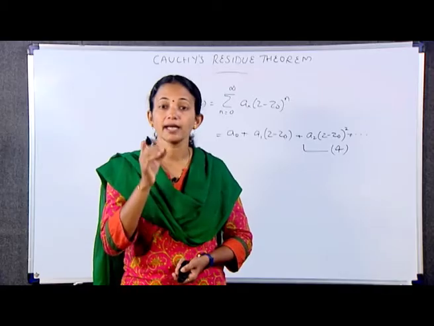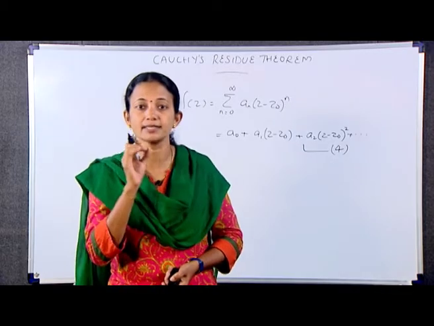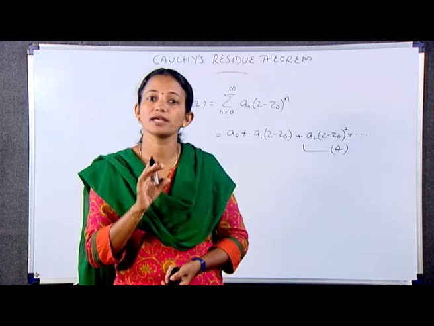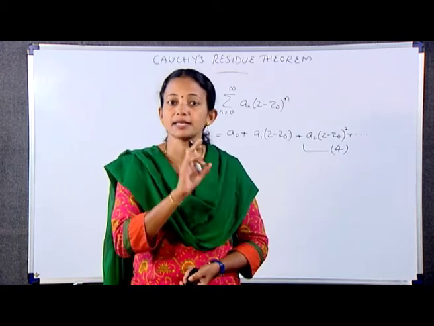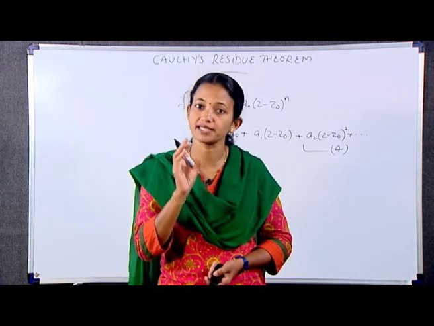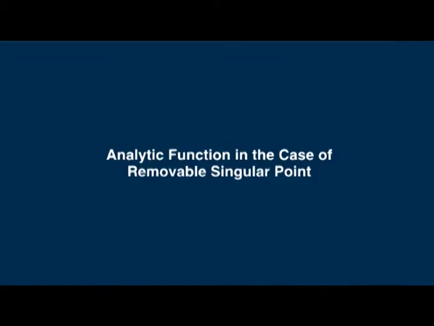Removable singularity in terms of limits. A removable singularity at z equal to z0 can also be defined as a singularity at which the limit as z tends to z0 of f(z) exists. Next, analytic function in the case of a removable singular point.